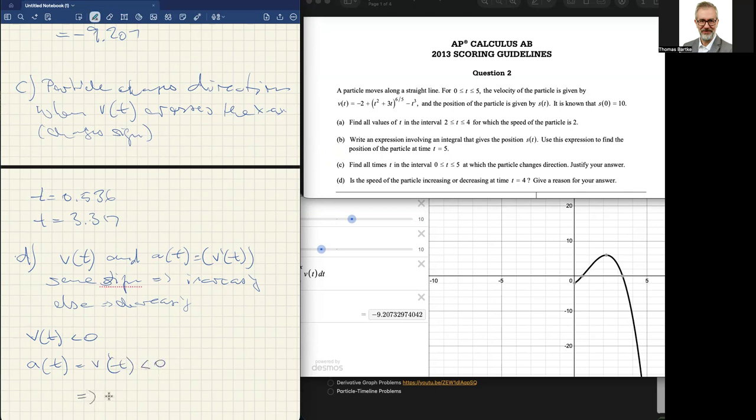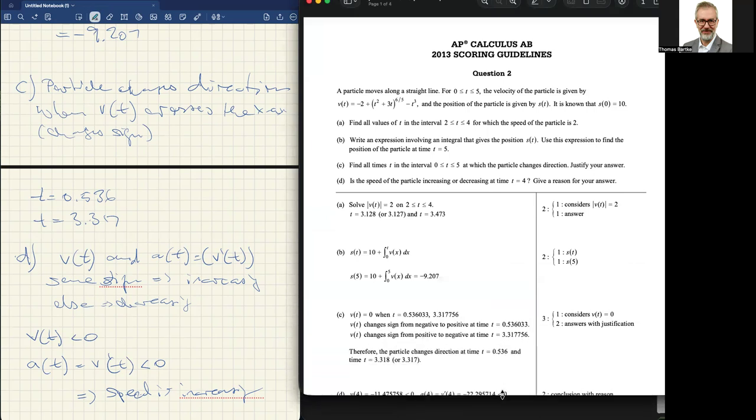Therefore, speed is increasing. Okay, and then that's it, done. And these are very typical patterns in the questions of this particular model.